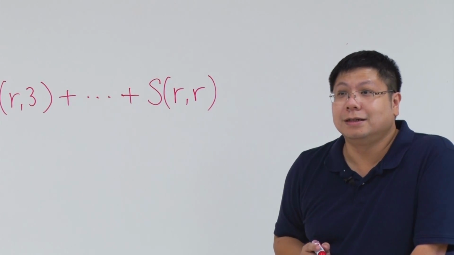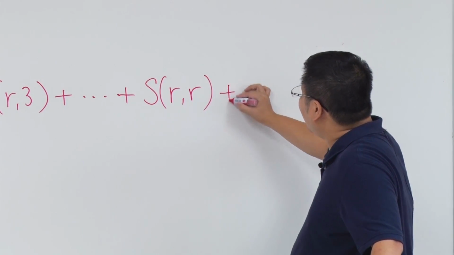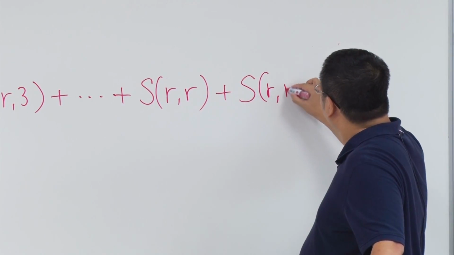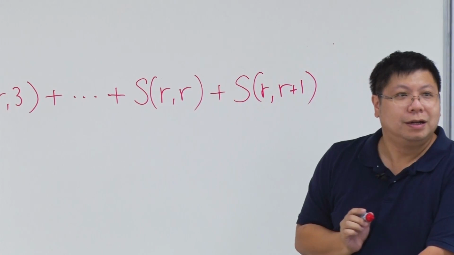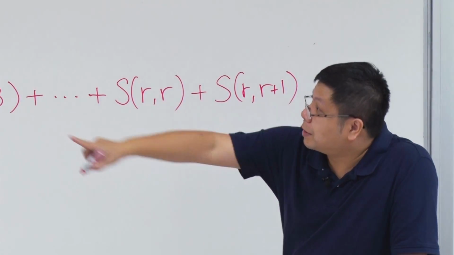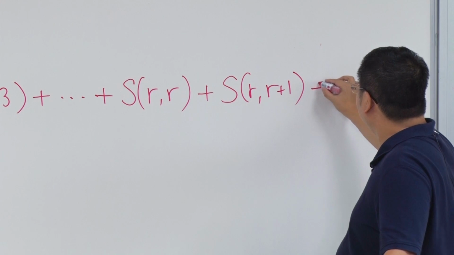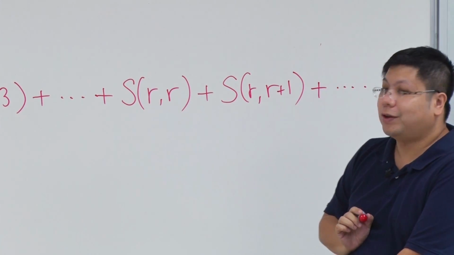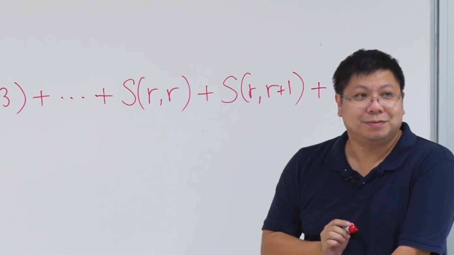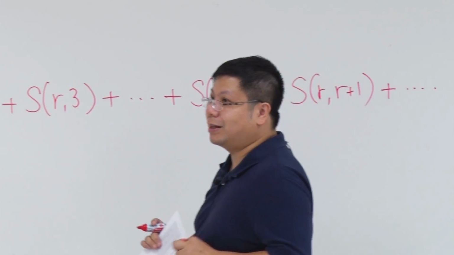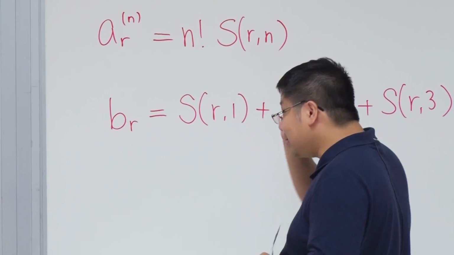Does that make sense? Actually, you can add SR,R+1 without any problem, because SR,R+1, according to that table, is 0. We can add 0. So we can add it up infinitely many times. So this is BR. Okay. Now tell me, what is so special about this thing?